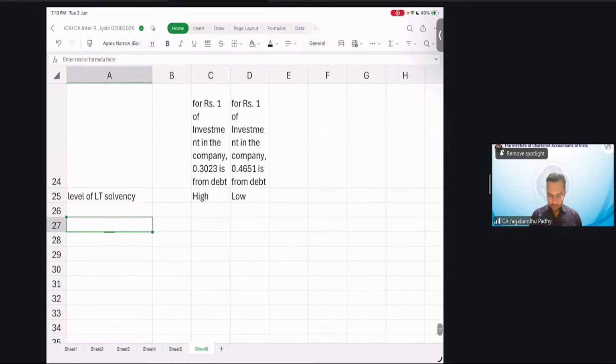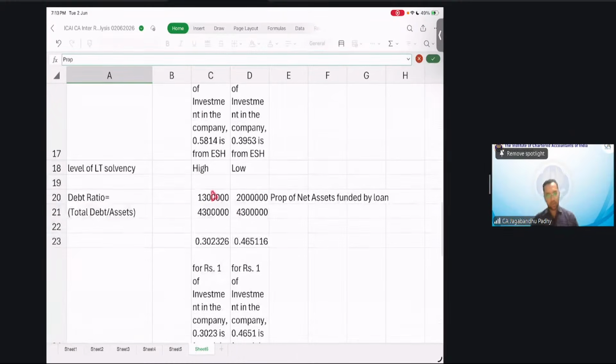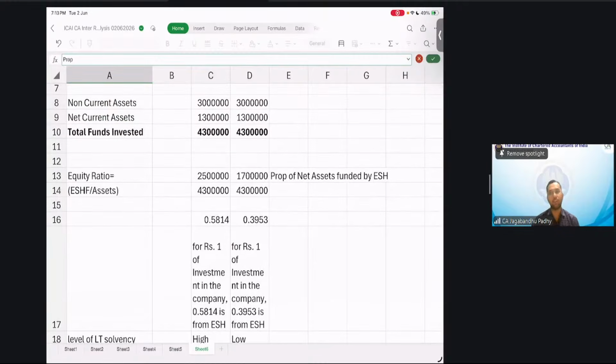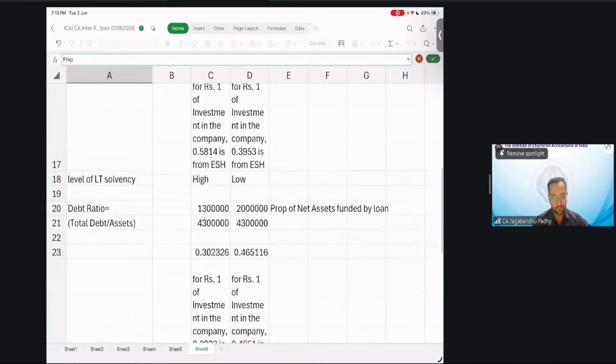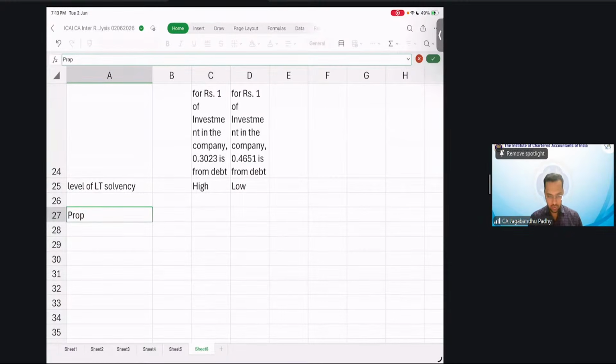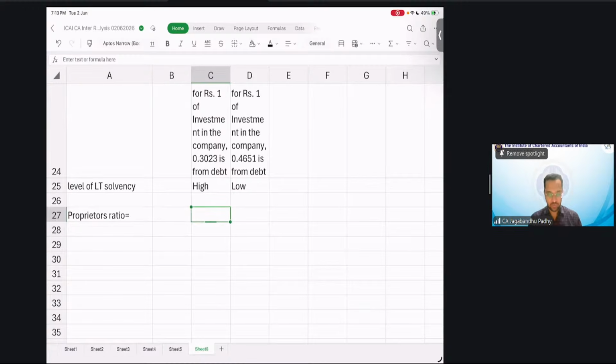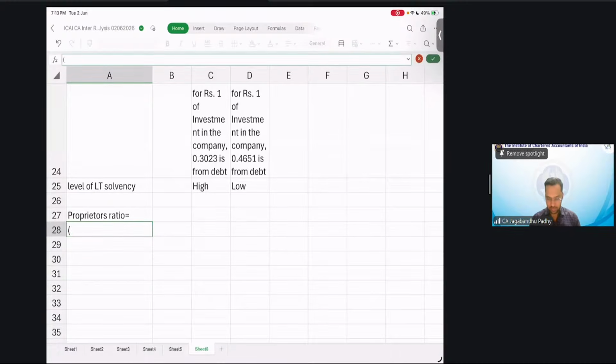On similar lines, we have one more ratio, because in case of equity ratio, we consider only the equity shareholders' funds. But there is another category of owned funds also, which is invested into the company, and that's the preference share fund. So we look at proprietary ratio. The formula is owned funds upon assets.